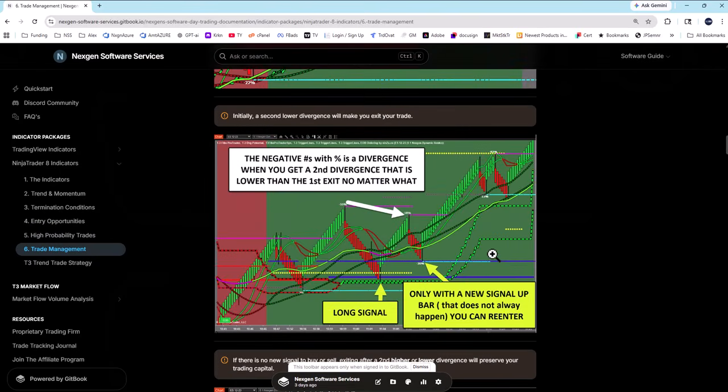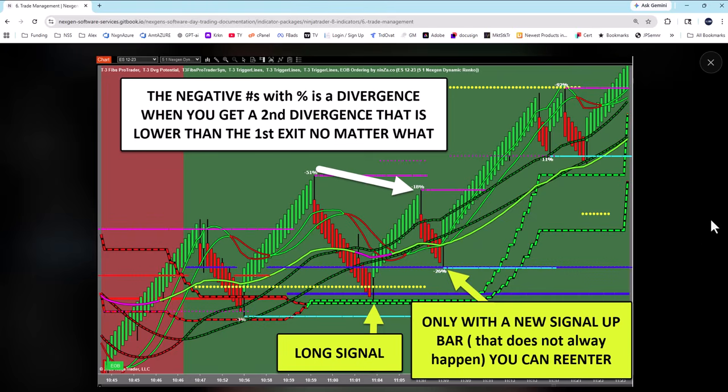As far as management rules, when you get the second divergence that's lower, 99 times out of 100, it goes and takes out the last low. I mean, not 99 times out of 100, maybe 79 out of 100 times it takes out the low.